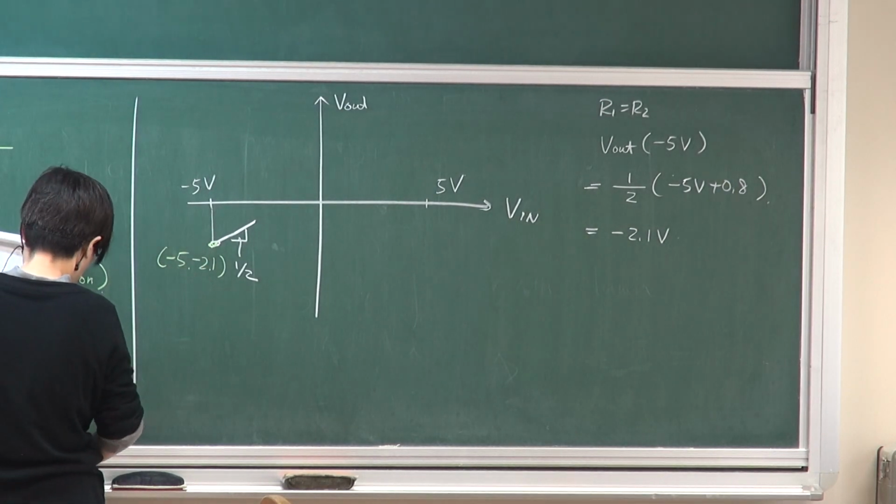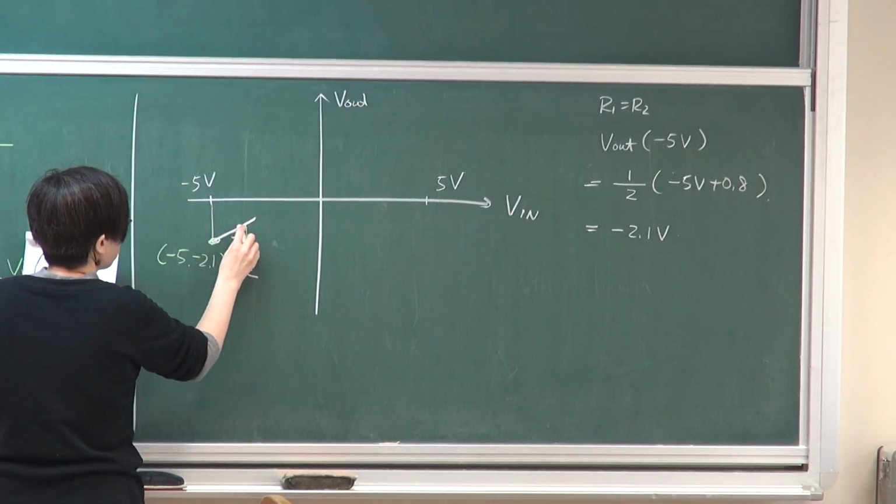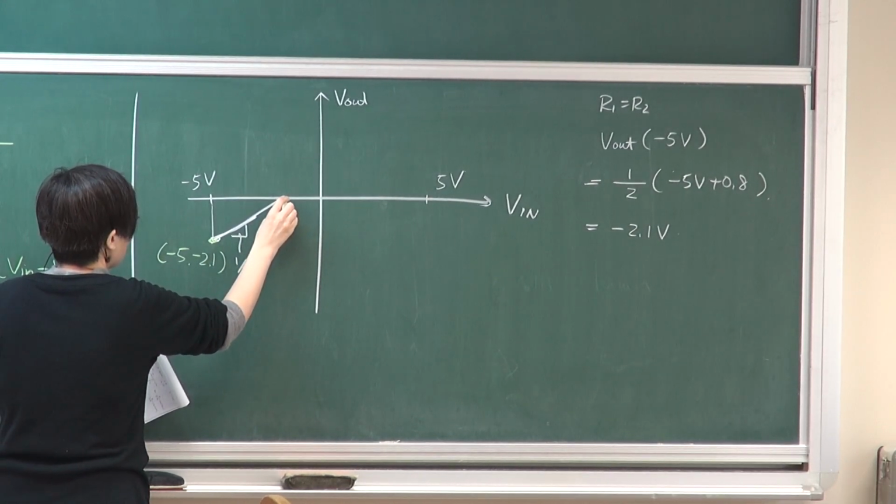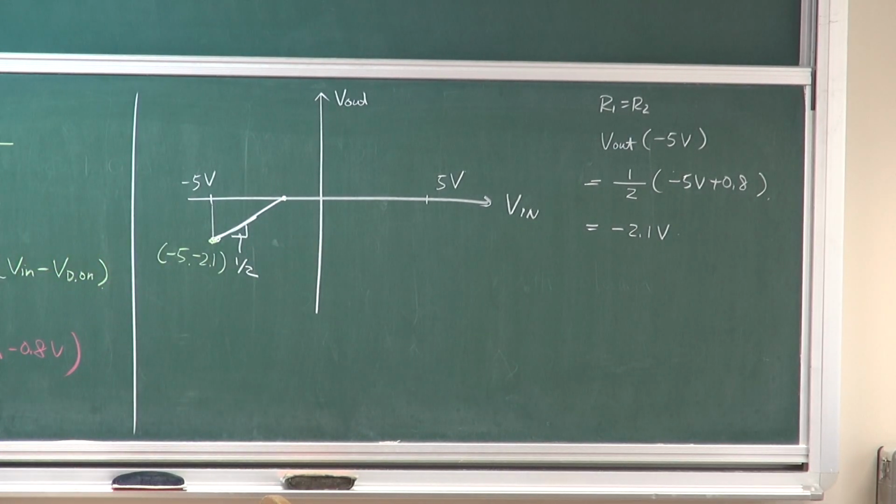Okay? So there's an intercepting point. Let's see. You can actually project your intersecting point. Does anyone know where the intersecting point will be? When will this branch be turning off?